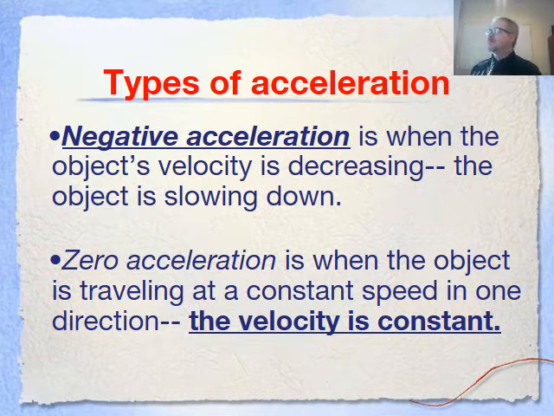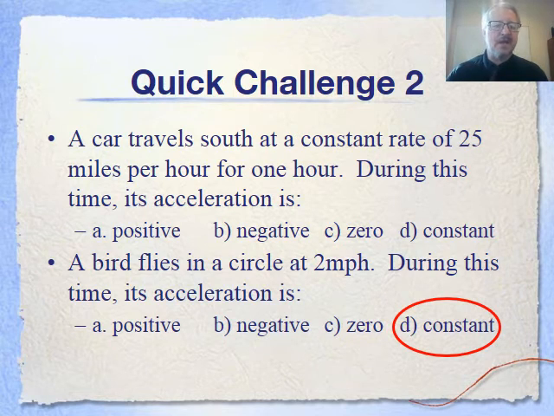When we think about zero speed, that means it's not moving. But this can be an object that's moving, but its speed isn't increasing or decreasing, and it's not changing direction. So we call this zero acceleration, meaning that it's not speeding up, it's not slowing down, it's not changing direction, it's staying on course. That's zero acceleration. So it has a constant velocity.